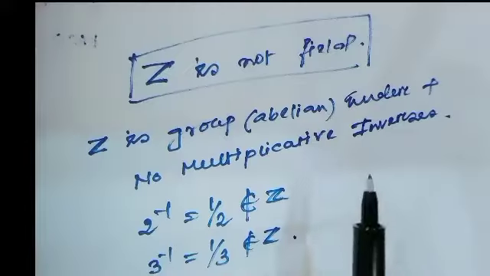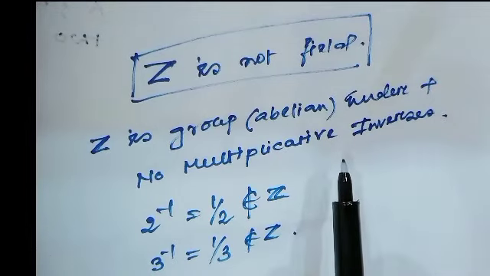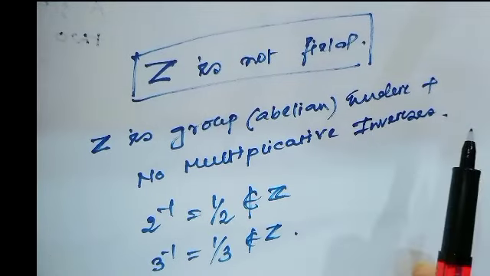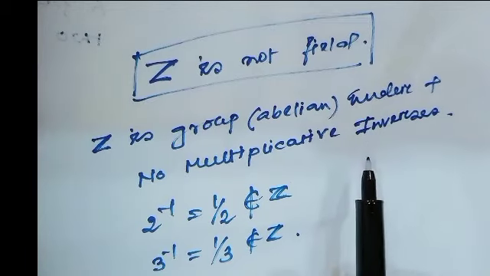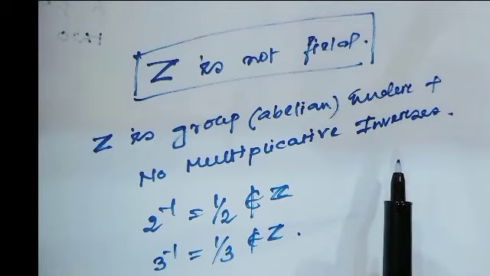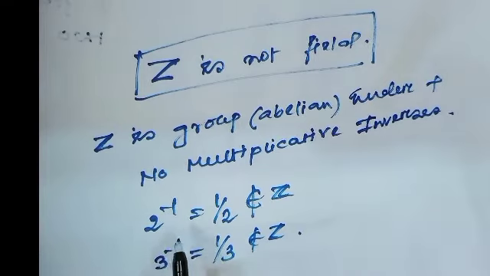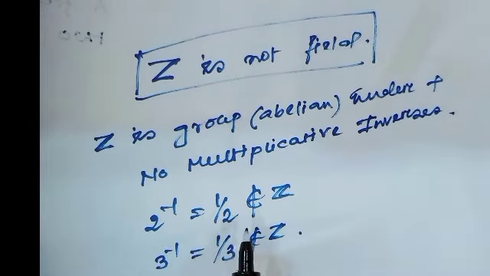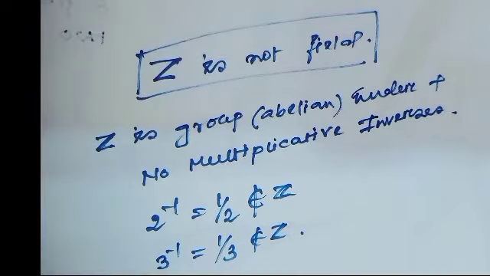But if you consider Z, then obviously Z is a group under addition. Here Z is an abelian group. But Z has no multiplicative inverse for most elements. Because if you consider the element 2, then the multiplicative inverse of 2 would be 1 over 2, but 1 over 2 does not belong to Z.